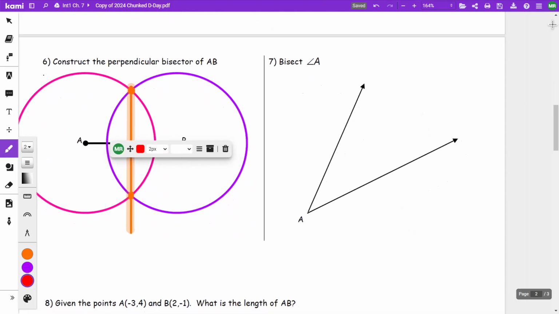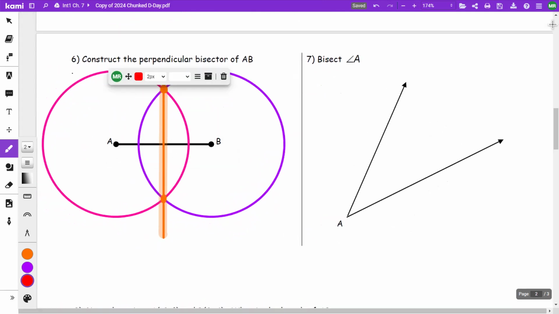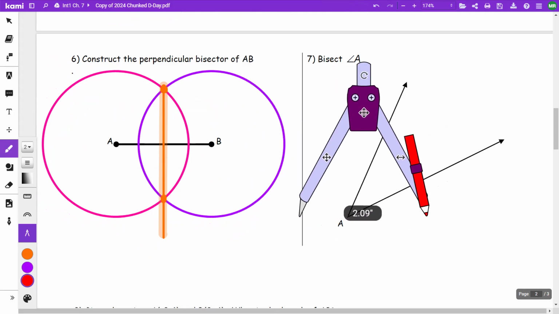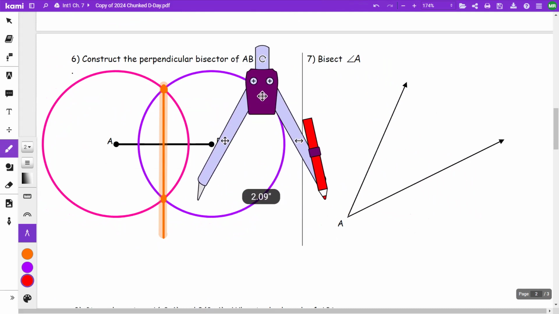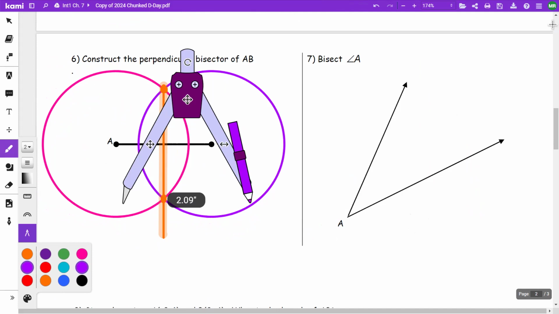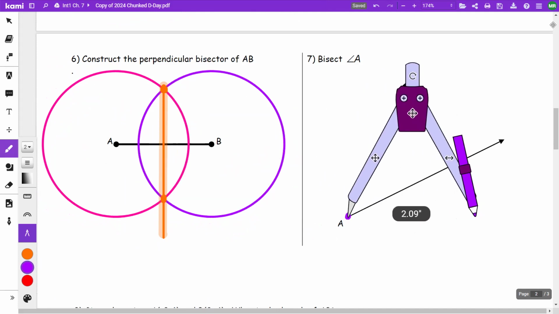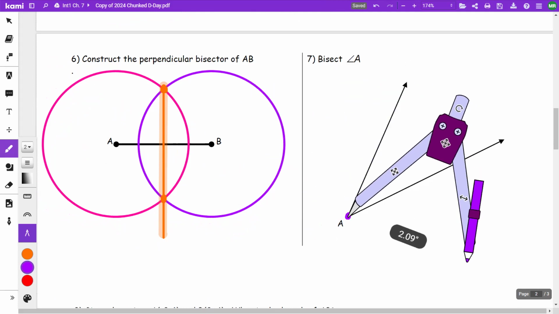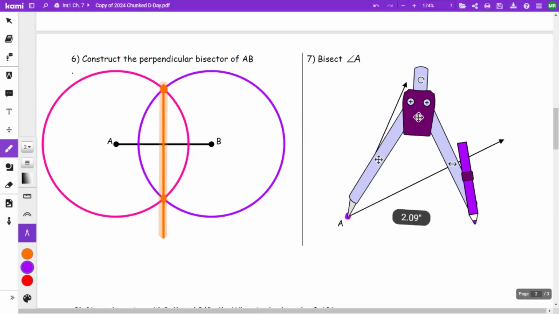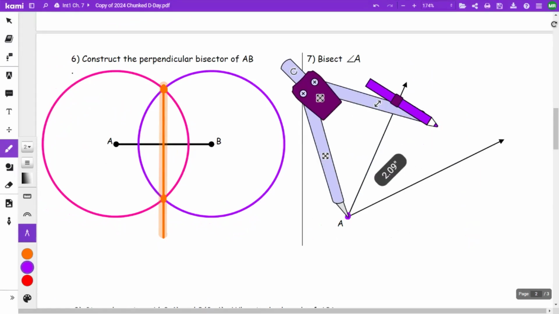On number 7, we're going to bisect angle A. So let me get my compass again. I'm going to make a point here. I am going to draw a circle from point A that needs to cross both of these sides of the angle.